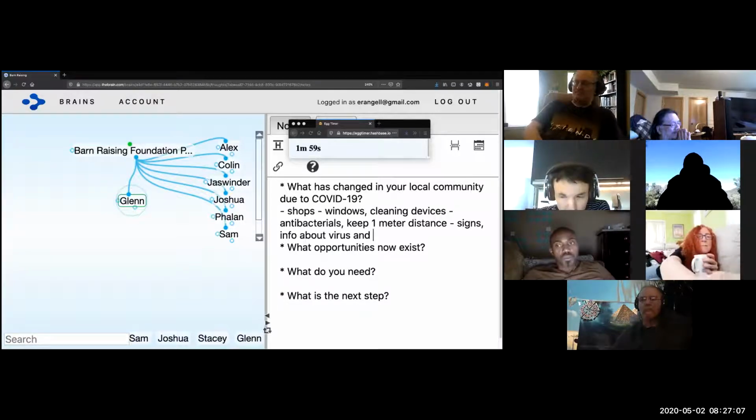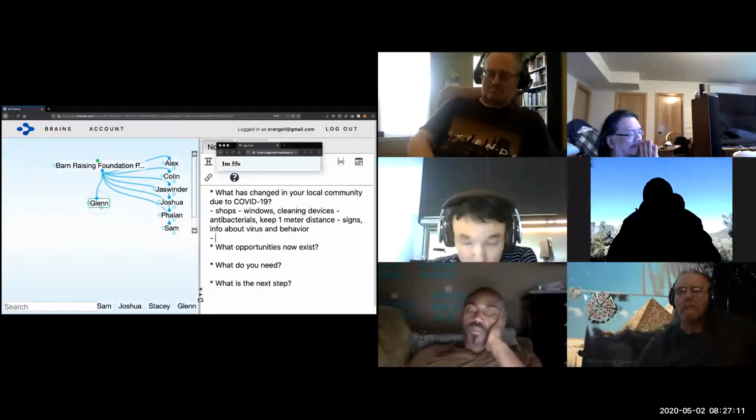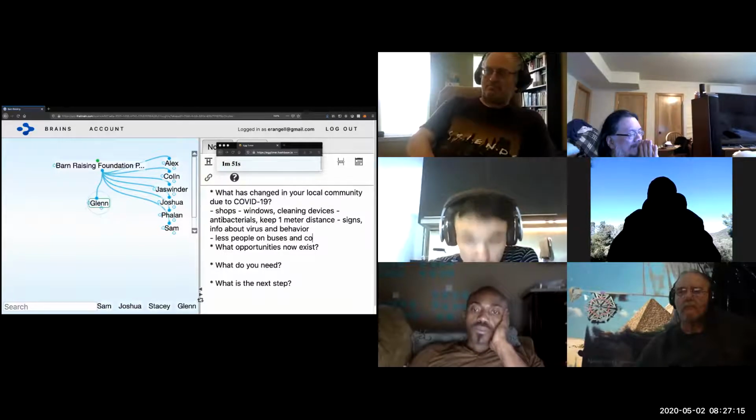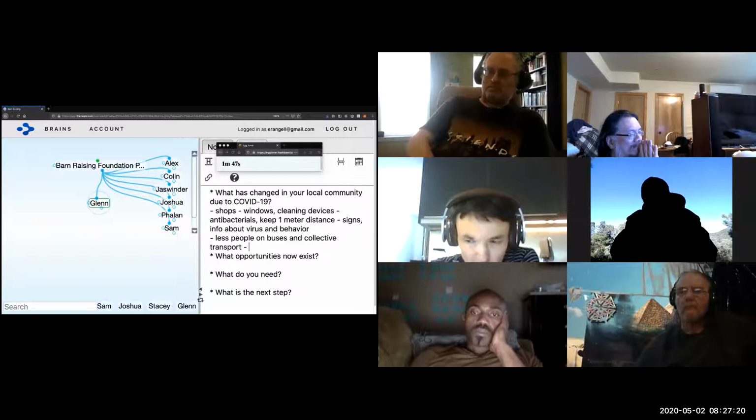Significantly fewer people on the buses and collective transport, especially right after the whole thing developed.